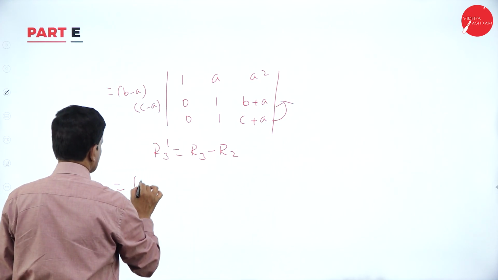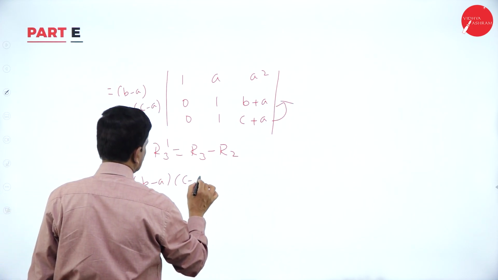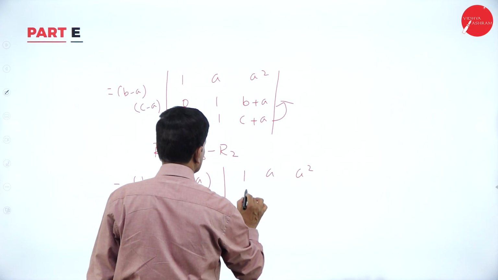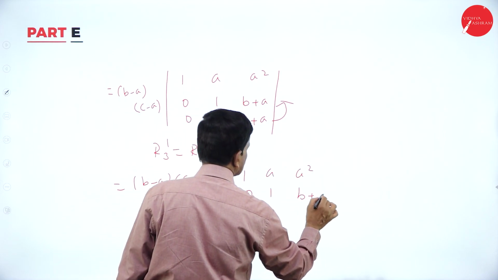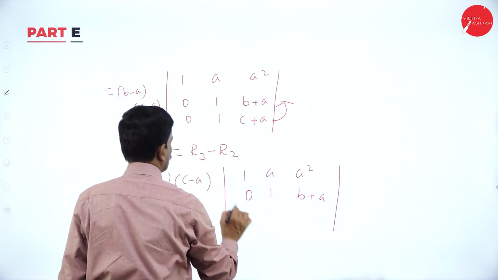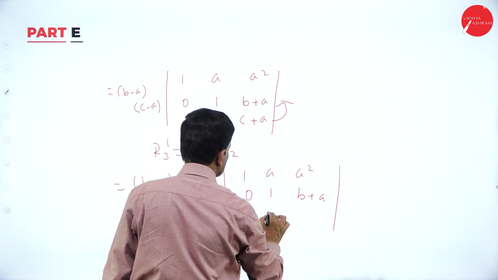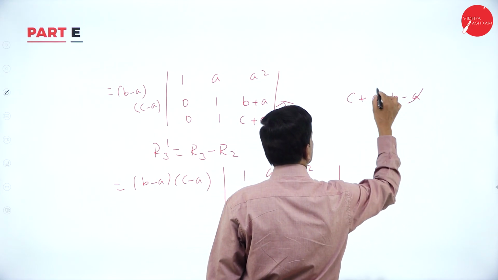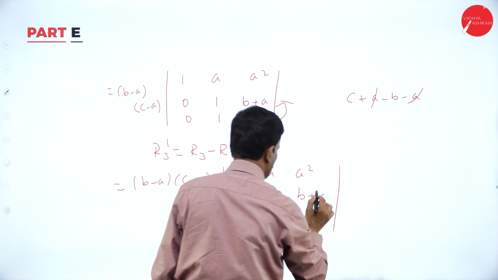So you will get b minus a into c minus a, 1, a, a square as it is, 0, 1, b plus a as it is. Subtract: 0 minus 0 is 0, 1 minus 1 is 0. This is c plus a minus b minus a; plus a gets cancelled, c minus b.